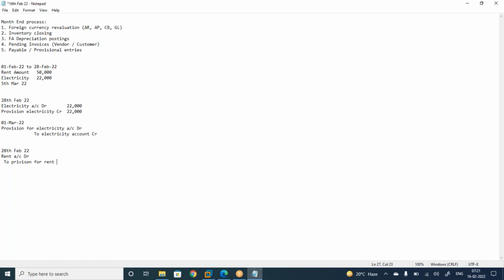They will write it differently. Then on 5th March 2022, you can do provision for rent account debit to cash or bank credit.